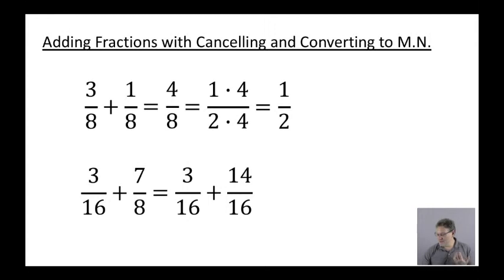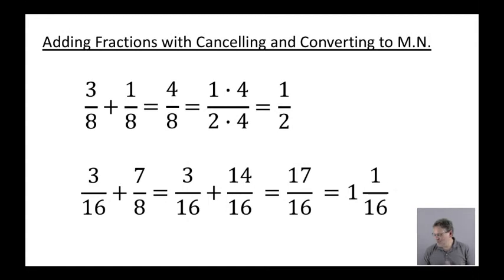From there, we can add the numerators just like we would if we had started off with two fractions with the same denominator. 3 plus 14 is 17/16. That's an improper fraction, which we can convert to a mixed number just by dividing the top by the bottom. The answer is 1 with 1 remaining. 1 and 1/16.